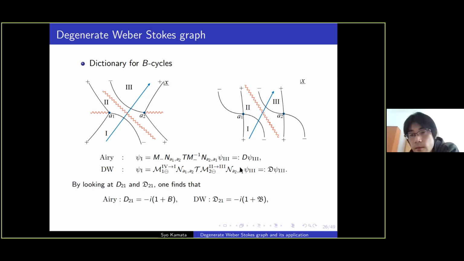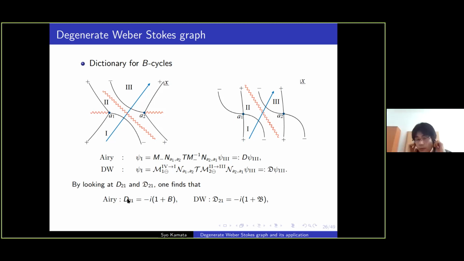In a similar way, we take this orbit, and by using the connection formula of the degenerate Weber type, firstly we cross here and change the turning point, and again cross here, and we go back to the original turning point as a normalization. In this case, we can also get a monodromy matrix and compare these components.